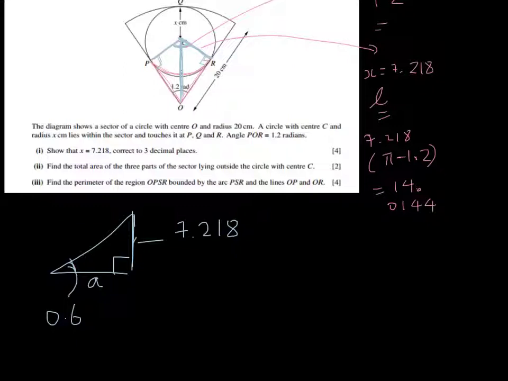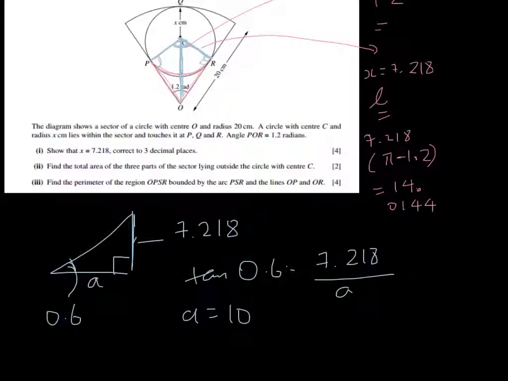So that's a trig ratio. It's tan. So tan of 0.6 equals the opposite, which is 7.218 over the adjacent. Okay, so the adjacent side is going to be 7.218 divided by the tan of 0.6. And make sure your calculator is in radians mode before you do this, otherwise your answer will be wrong.